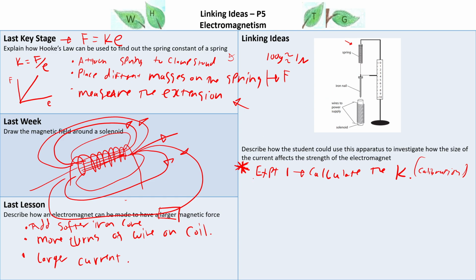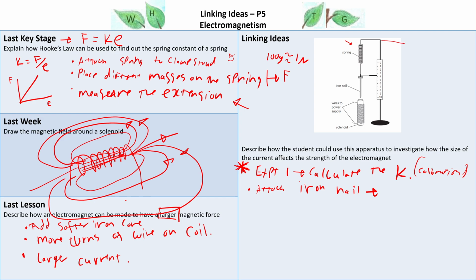Once you've done that, you're going to have to hang the iron nail on. So attach the iron nail, and then you're going to have to set a certain point to being 0, because the iron nail, even though it's a small mass, is a mass. So you attach your iron nail. Like this, the magnet's on, so that's why it's being pulled down.